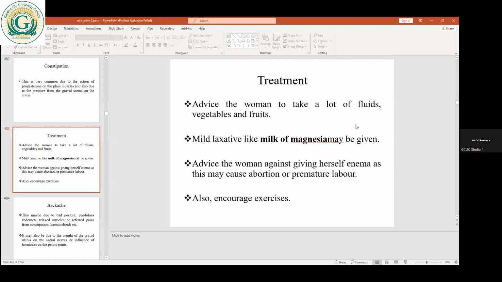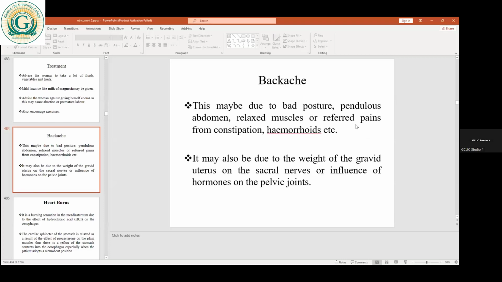When we say to encourage exercise in a pregnant woman, you don't accept her jumping and jumping. The main job that she has been doing before she got pregnant, she should continue, and that will serve as exercise for her. She also complains of backache, and this may be due to hemorrhoids and constipation.